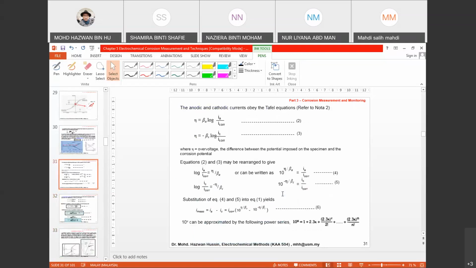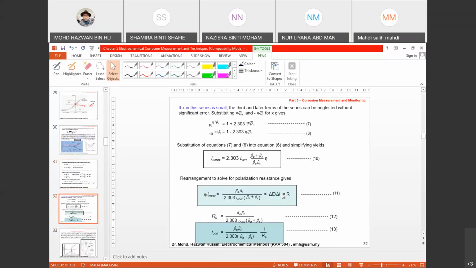So from this Tafel slope equation, you can substitute it into equations 7 and 8. Equations 7 and 8 are terms that relate the overpotential with the Tafel slopes.